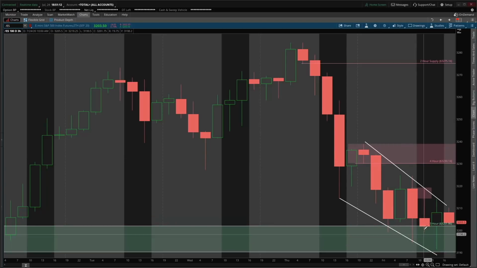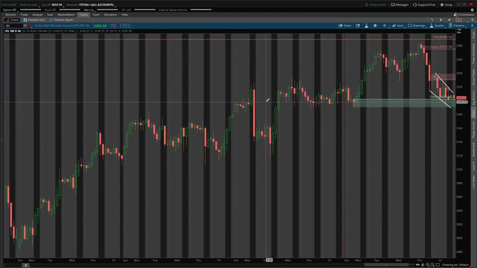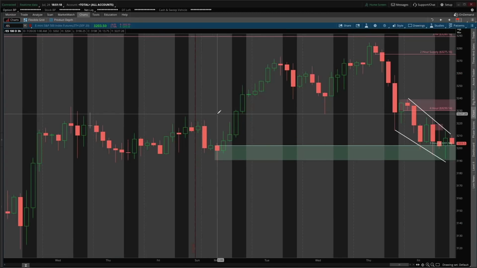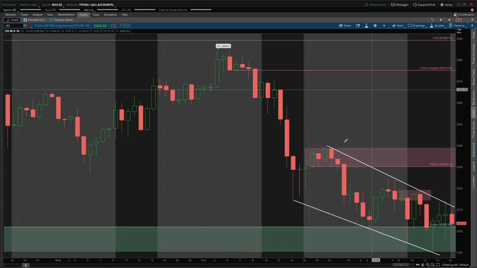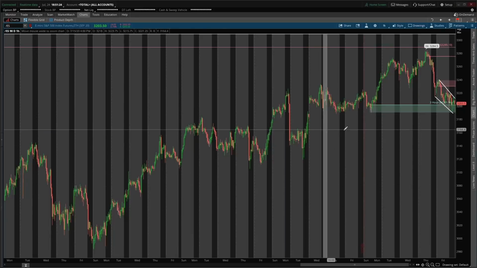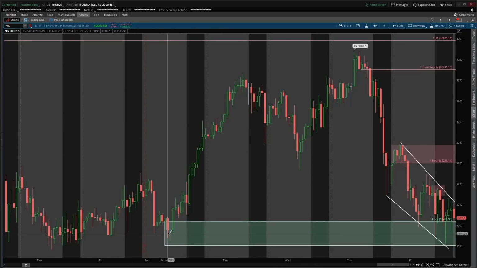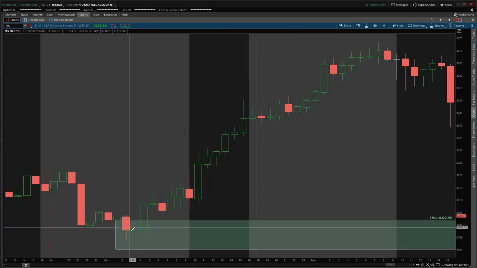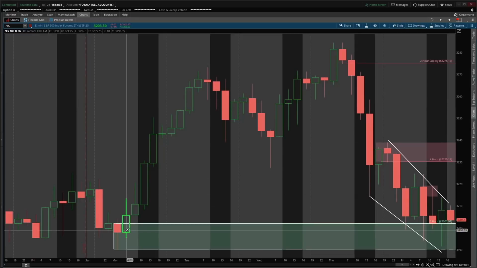Now the demand that we bounced off of today was on a 3-hour chart that formed from the session Monday morning. If we go to, let's say, a 1-hour chart, we're not going to properly see a basing out period, right? We see a move down, up, but we don't see that basing out period as we do on a 3-hour chart.